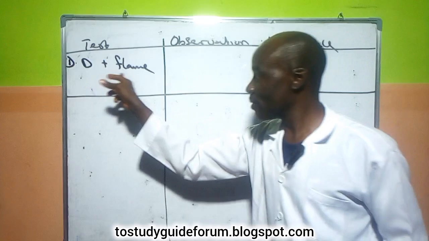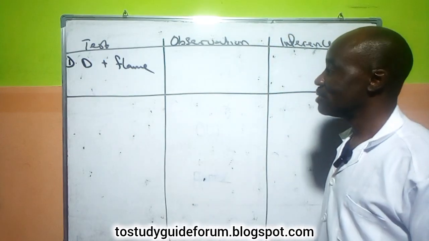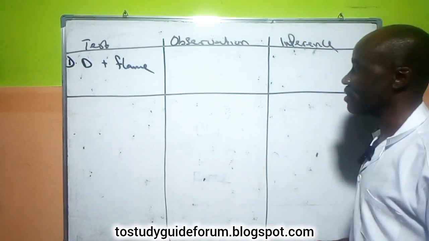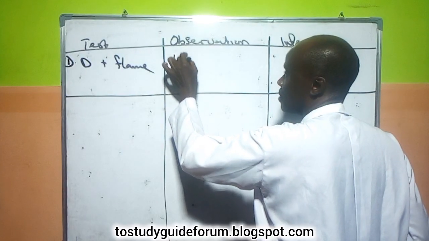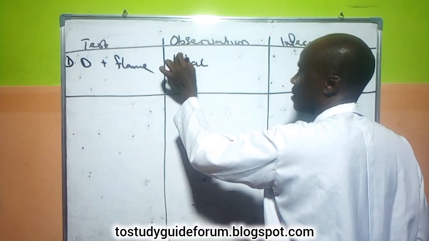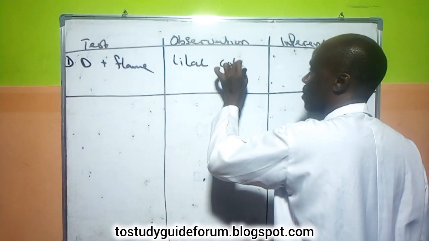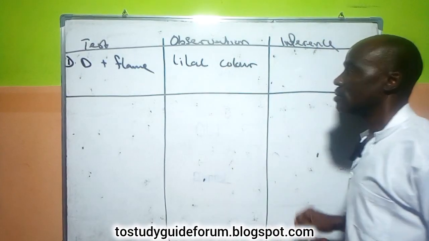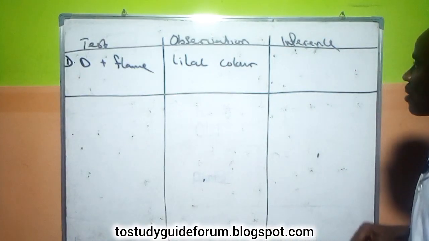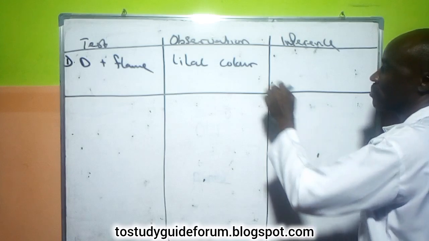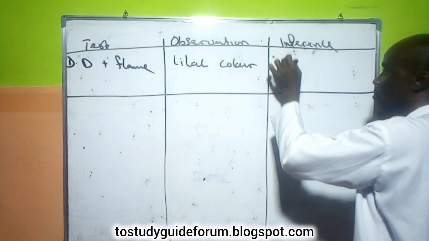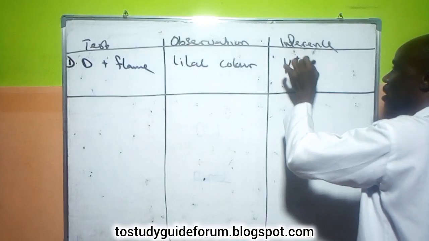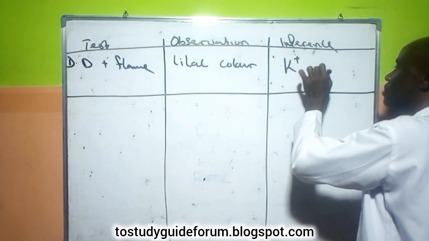So we have D plus flame. What we observe here is a lilac color. From this color in the flame test, what do we have? Potassium ion presence.